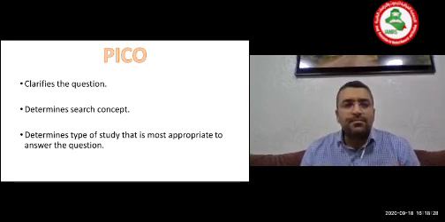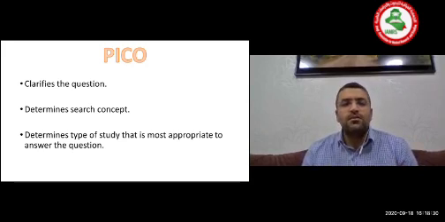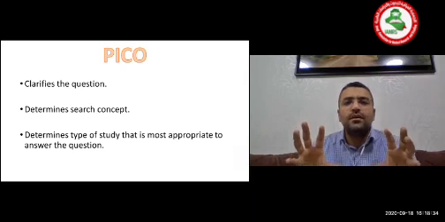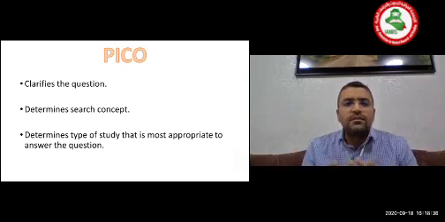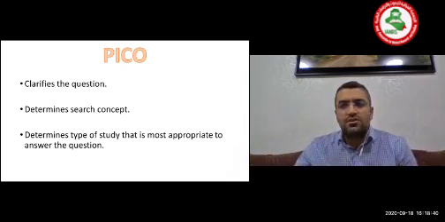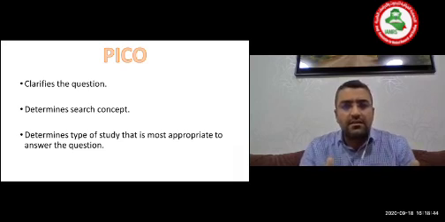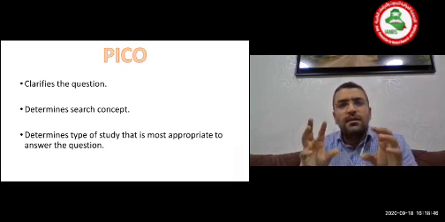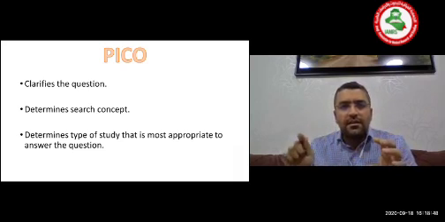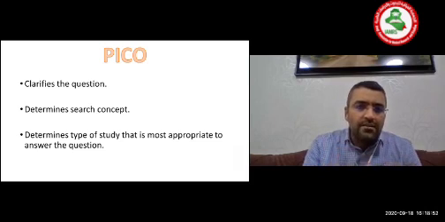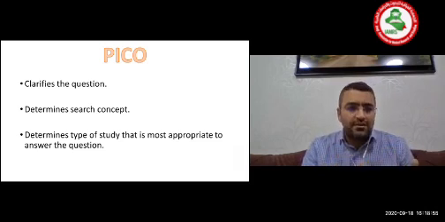So in general, PICO is very important because it will clarify your question. It will make it very clear for you and for others. It will determine the search concept. Even when you want to search the literature looking for what is written about this subject, it will help you, because these words, the PICO, are the words that you can use as keywords in your search.